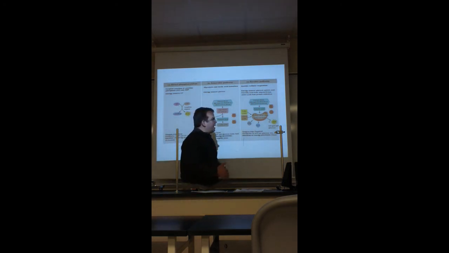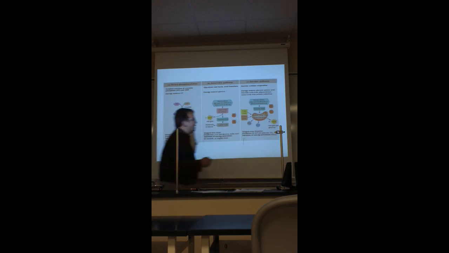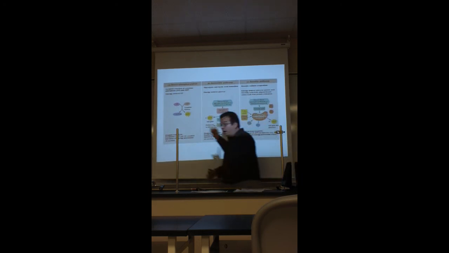So if we fully break down glucose, we've broken a heck of a lot of bonds there. We've gone from 6 down to single molecules. We've broken a lot of bonds, and we can get an additional, say, 34 ATPs. So for 1 molecule of glucose, we can get 2 ATPs over here. But if we have oxygen around, we can get 34 more out of it.